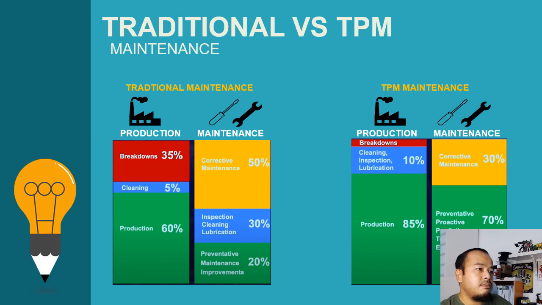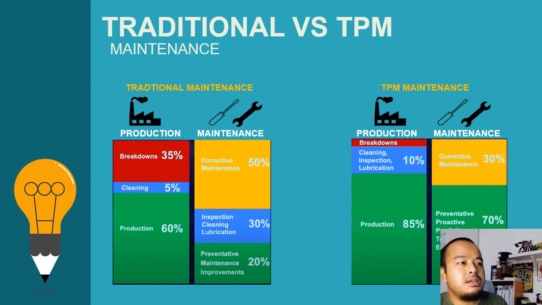We have many breakdowns. Cleaning 5%, production 60%, and then 50% you do corrective maintenance. Corrective maintenance is maintenance you do when it is already broken. So 30% inspection, cleaning, lubrication, and 20% preventive maintenance improvement.